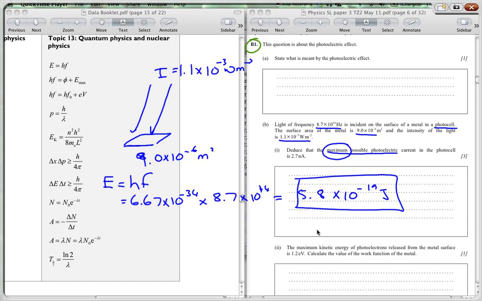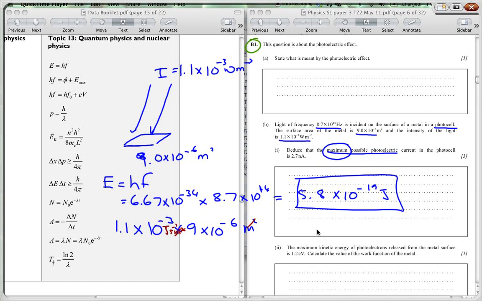Now, how many photons are actually hitting the surface? Well, the intensity is 1.1 times 10 to the negative 3 joules per second per meter squared. So if I multiply this by the surface area, 9 times 10 to the negative 6 meters squared, the meter squared will cancel out.